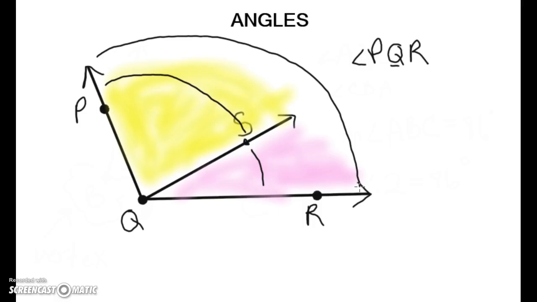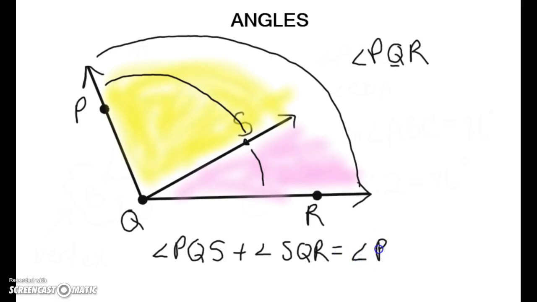So I could say that angle PQS plus angle SQR equals the great big angle, angle PQR. This is called angle addition.